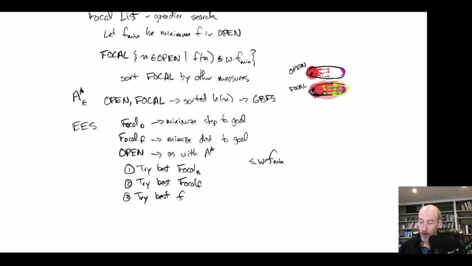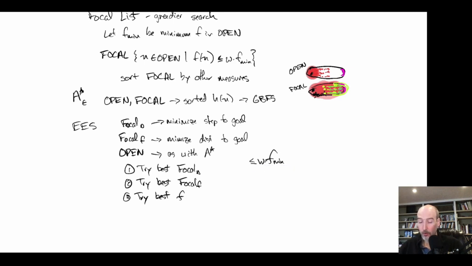What we notice in both of these approaches, A star epsilon and EES, is that we are explicitly maintaining the open list. And so therefore on the open list, we're explicitly having fmin. We maintain that as a separate state. And with fmin, we're also keeping the absolute minimum. Like this gives us the proof that we are within the W suboptimal solution. And so that's important because that's what they're using for maintaining.